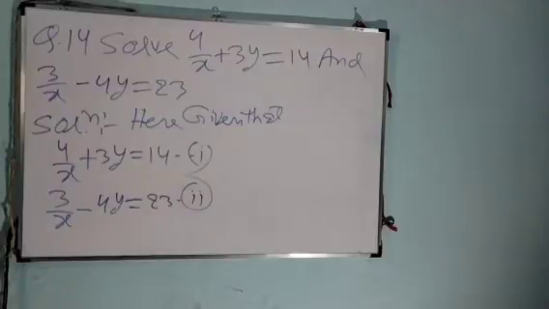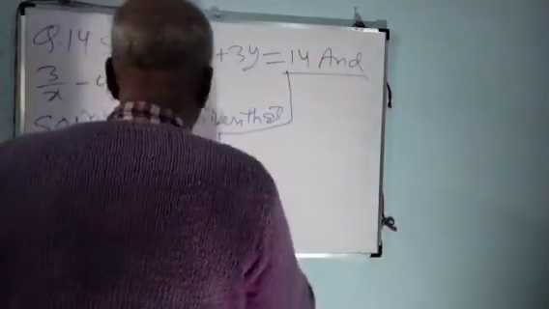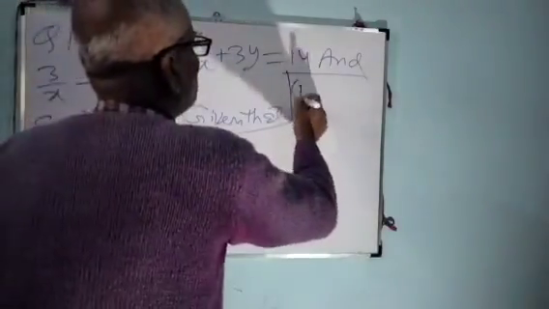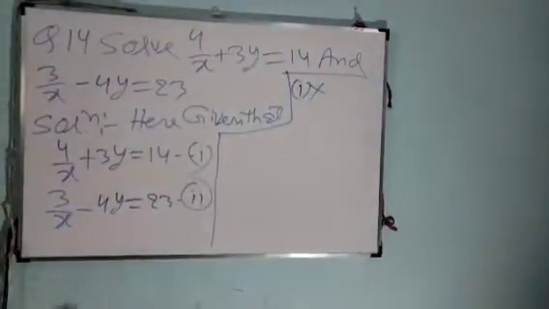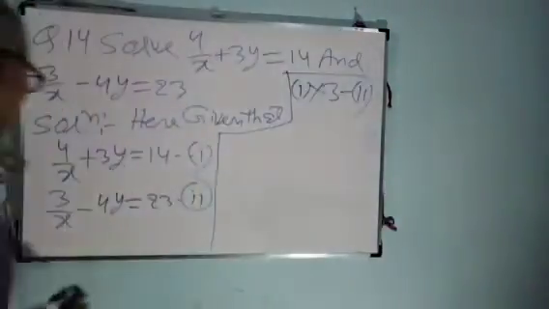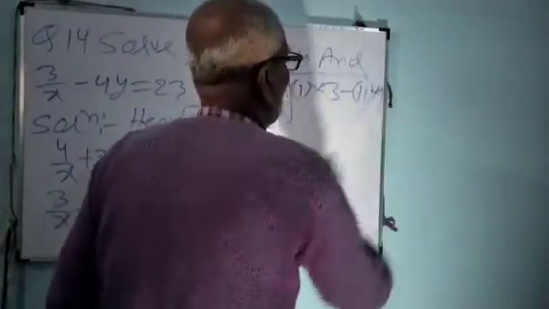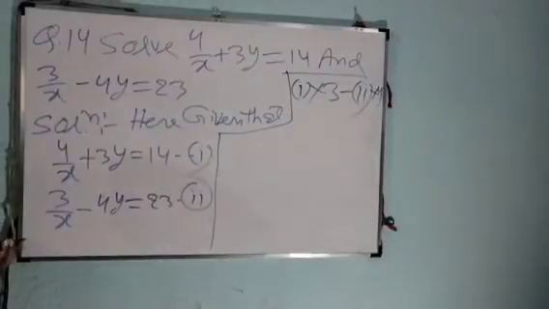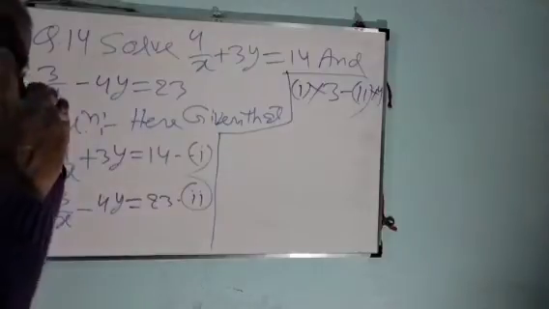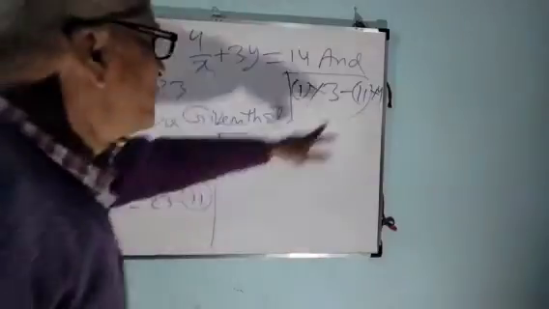We write it as first equation into 3 minus equation second into 4. We do not write on subtraction because I have already written this.